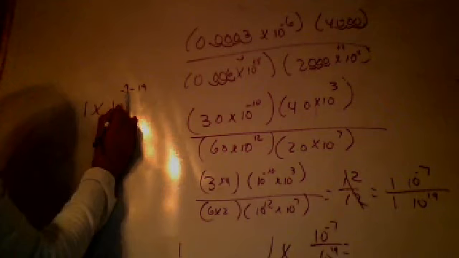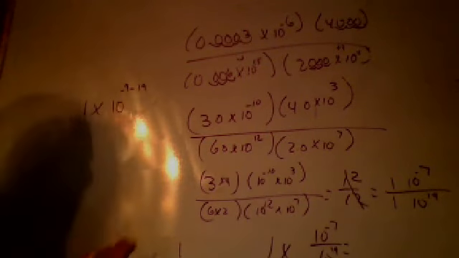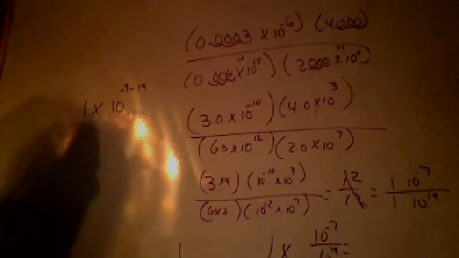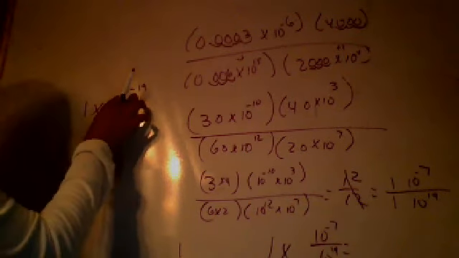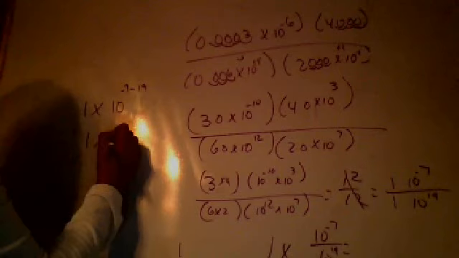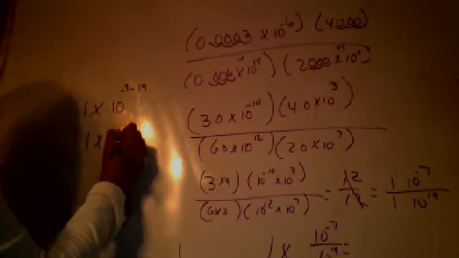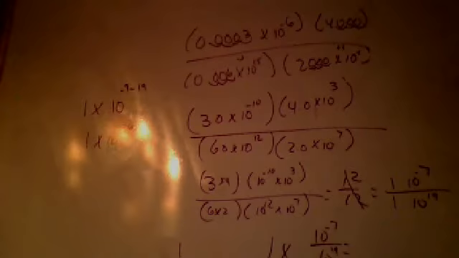So you have a negative 7 and 19. Simply, you're just using your integer rules, like signs, to add them. So this simply becomes 10 to the negative 26 power, or simply 10 to the negative 26. There you go. It's in scientific notation.